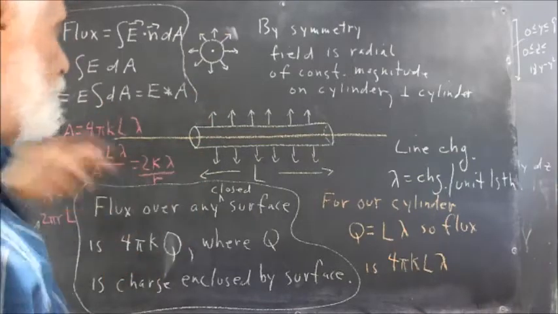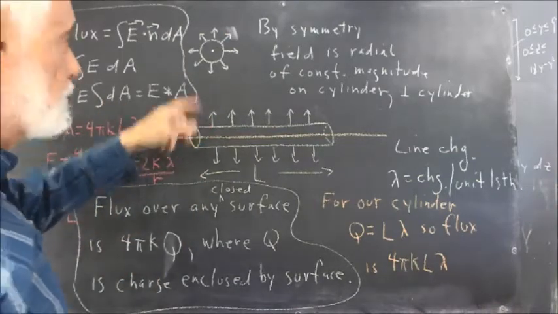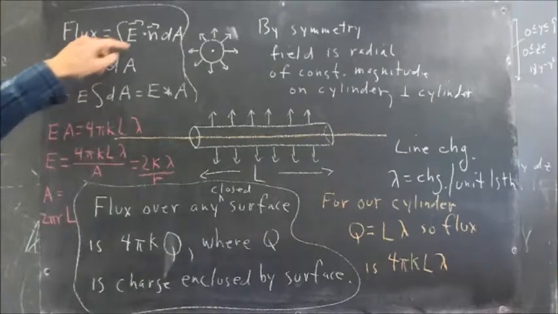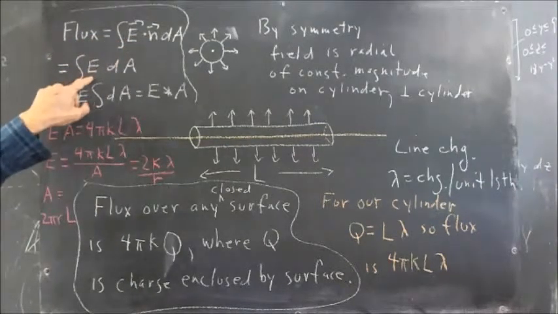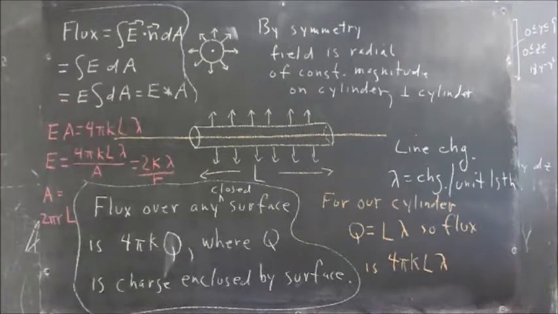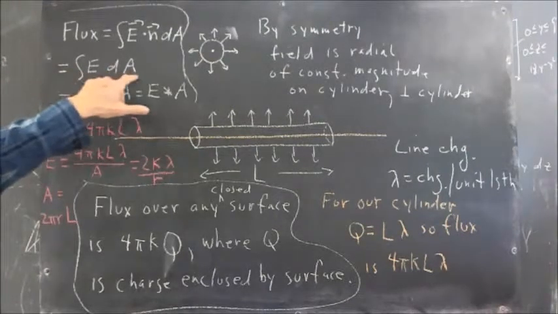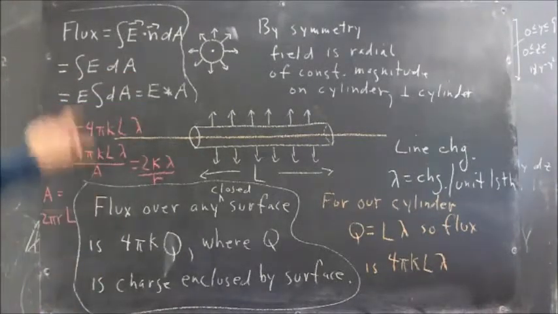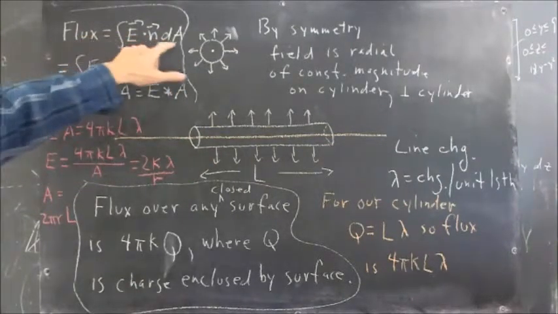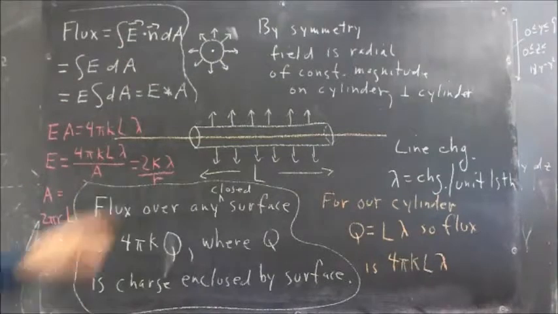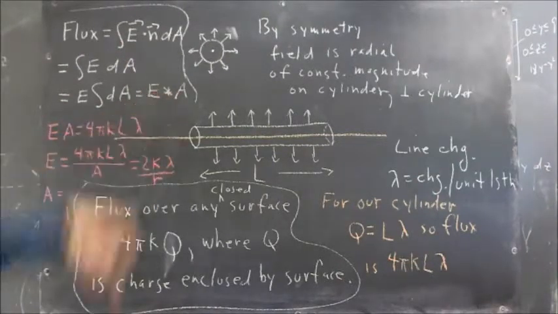Now, a unit vector perpendicular to the surface of this cylinder is going to be parallel to the electric field, so that E dot n is just E, the magnitude of E. And we integrate E with respect to area. We're doing this over the surface of the cylinder.